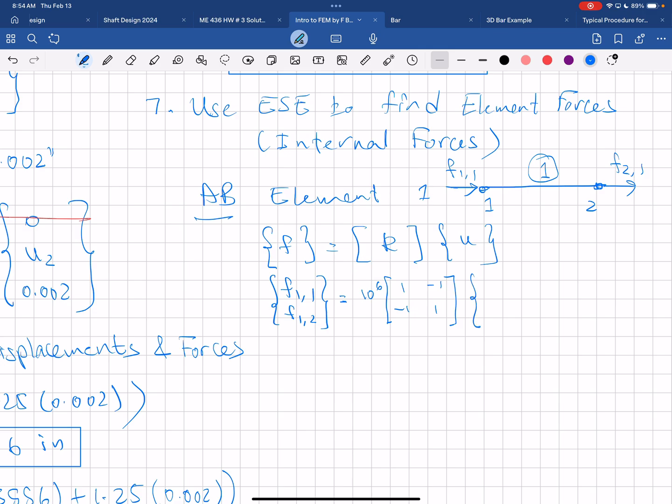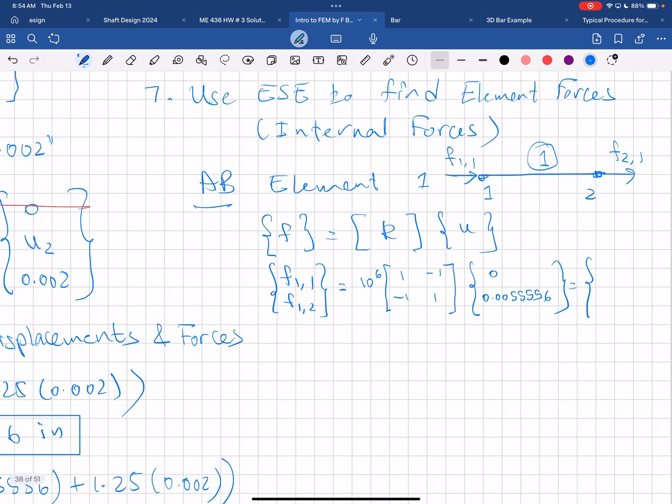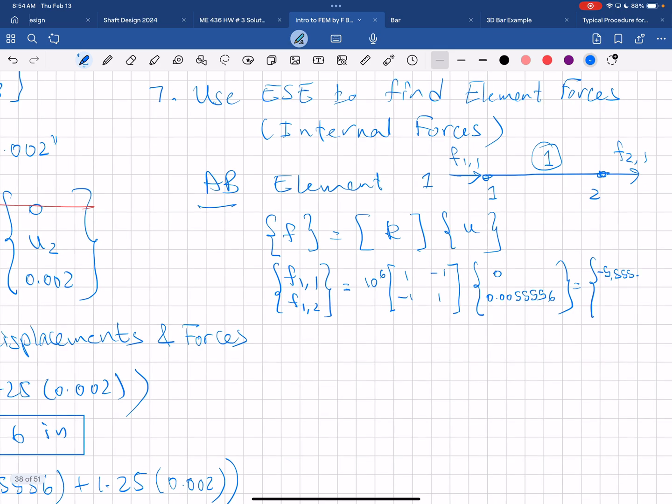The displacements at node 1 is 0, and at node 2 we found that this is 0.0055556. So when I do the math here, I'm going to get a minus 5,555.56, and here I'm going to get a plus 5,555.6.